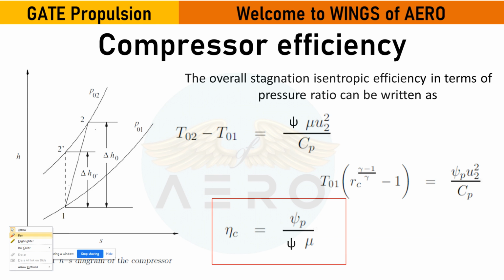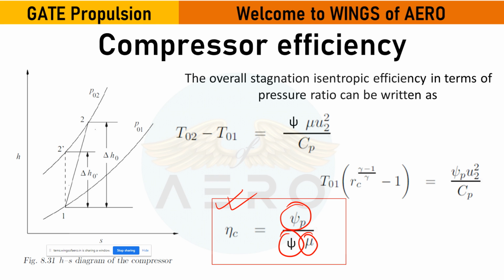Now this is an efficiency expression in terms of the pressure coefficient, the power input factor, and the slip factor. So again they might ask you a question like find out the suitable possible expressions.